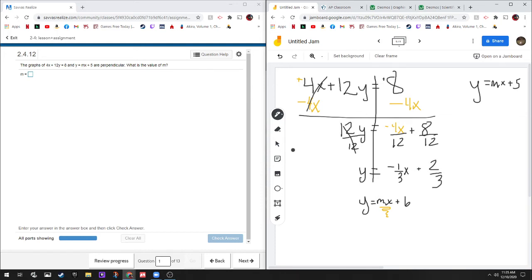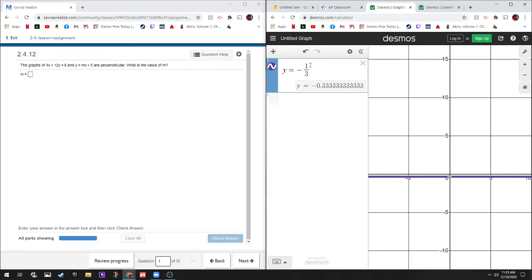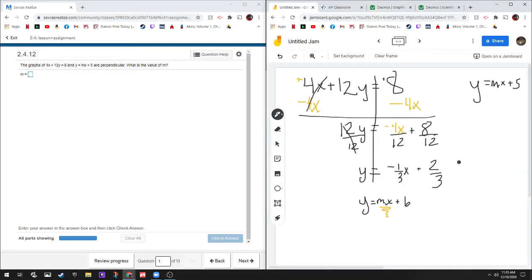All right. Okay, so we needed to do this to talk about perpendicular. So y equals negative 1/3 x plus 2/3. Honestly, the 2/3 is not the important part. The important part is this negative 1/3. So if you remember what perpendicular looks like, a right angle, right?